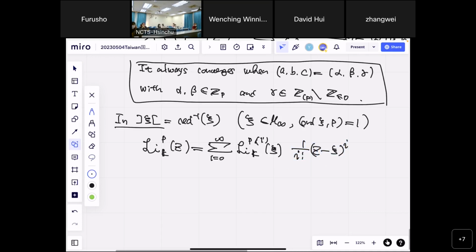So it roughly says the p-adic multiple polylogarithms are closed under the differential.